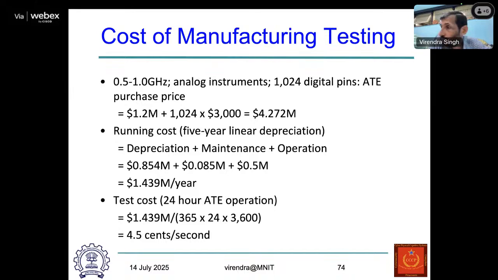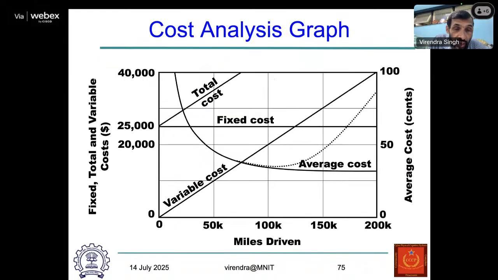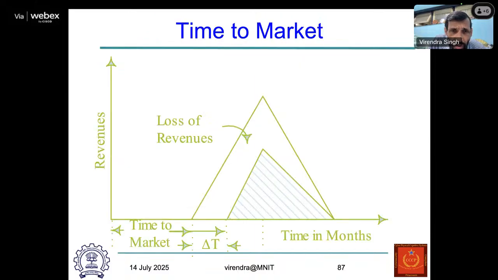During those years I will spend some money on maintenance, and some money on operation, like running the AC and having more manpower, etc. So that is some running cost, and then there is some fixed cost I am paying. If I divide that per unit time, it comes out to be something like 5 cents per second or so, which is really a large number. Maybe I can skip this.